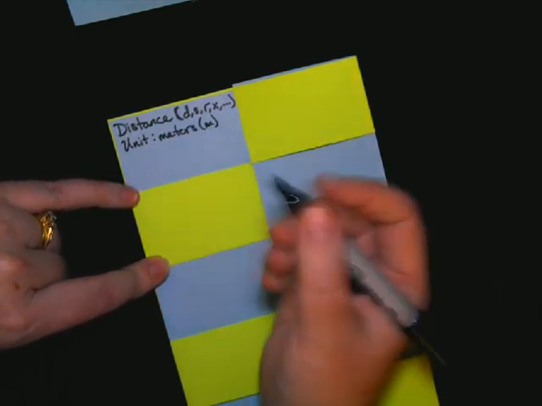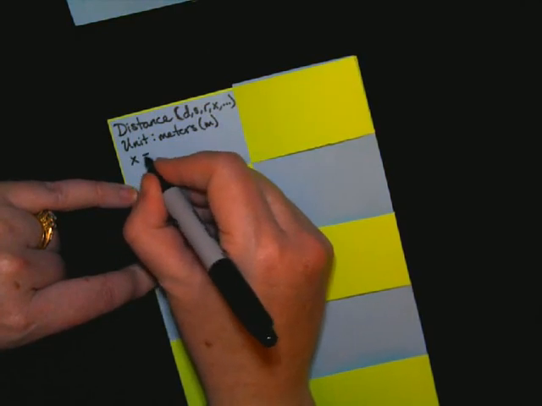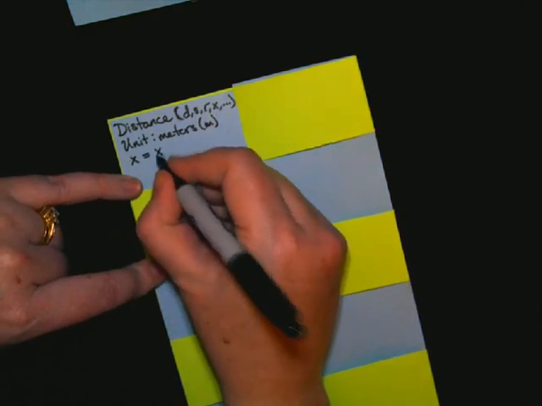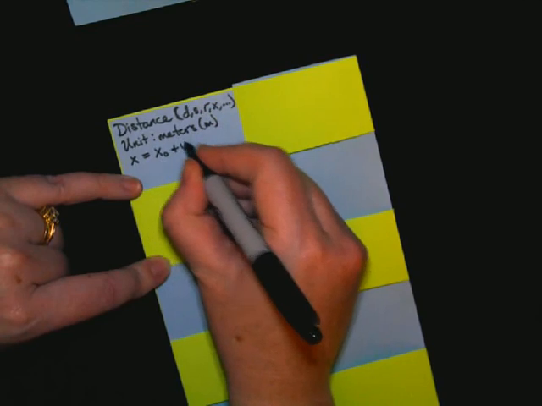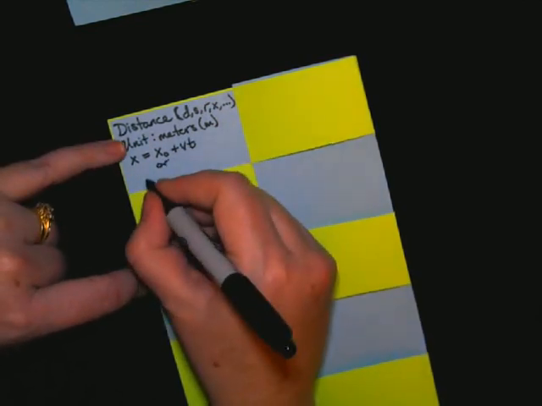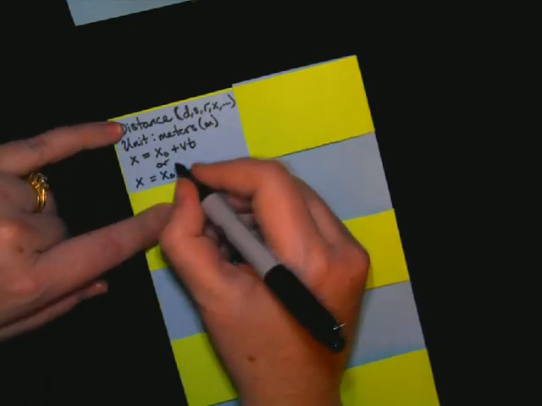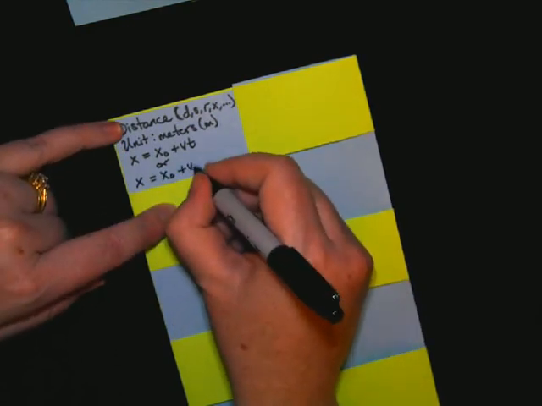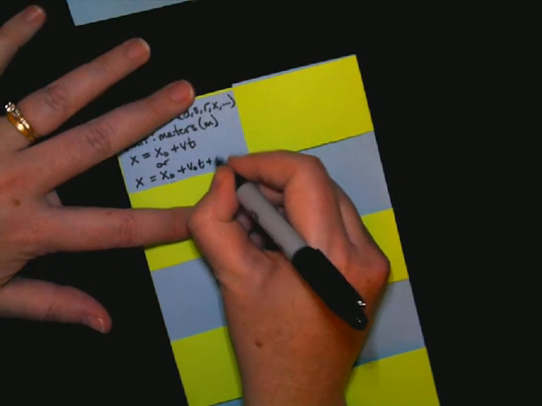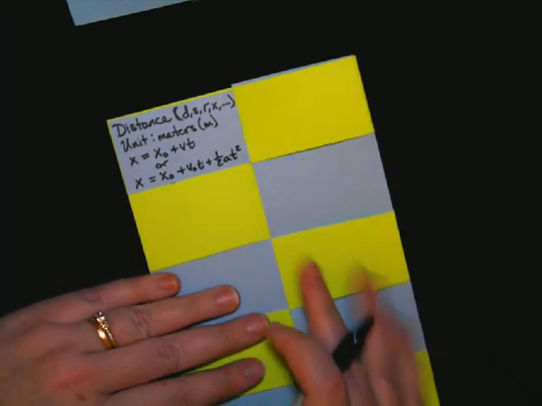And then we get to some of our equations. And so hopefully you remember that we had our displacement is the initial plus velocity times time, or you can use the displacement formula or position formula, x naught plus v naught t plus 1/2 at squared. All right, so that is distance.